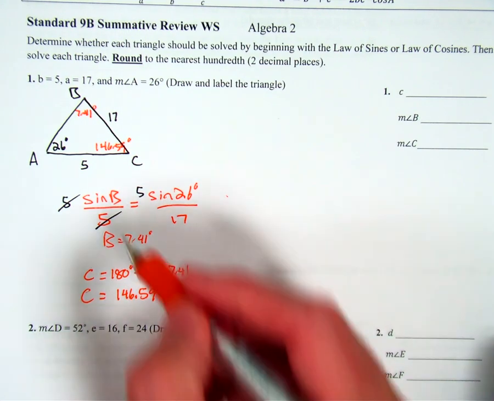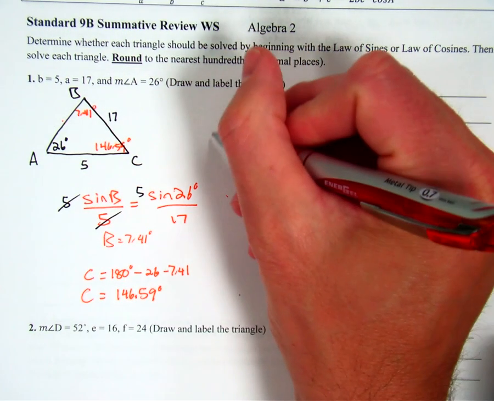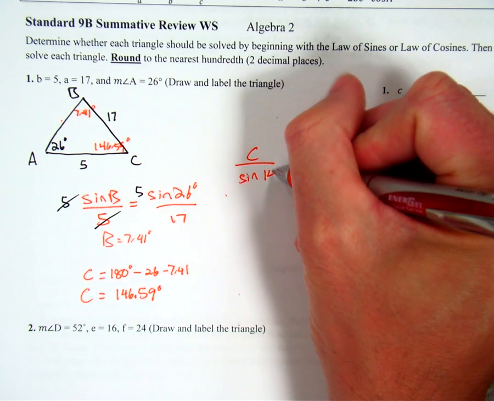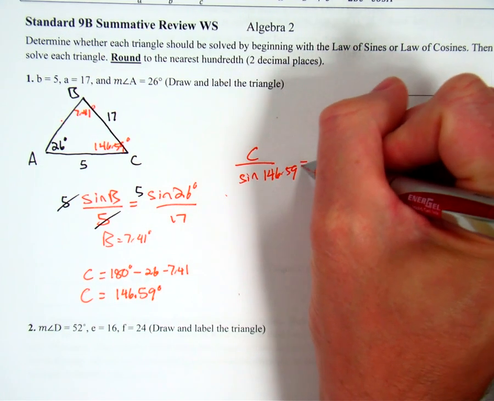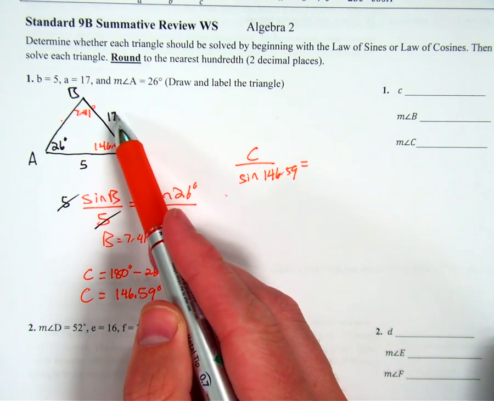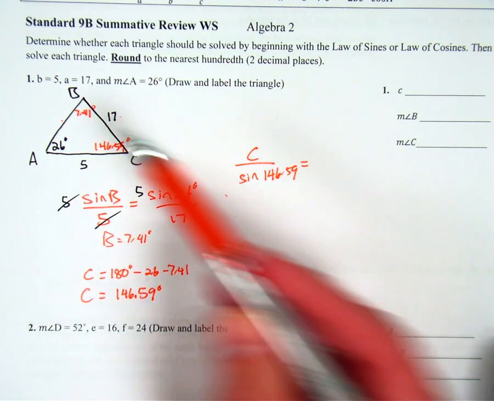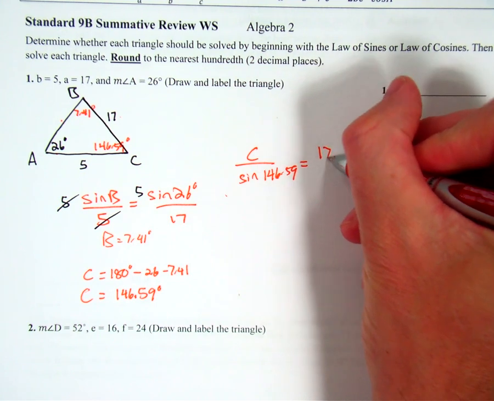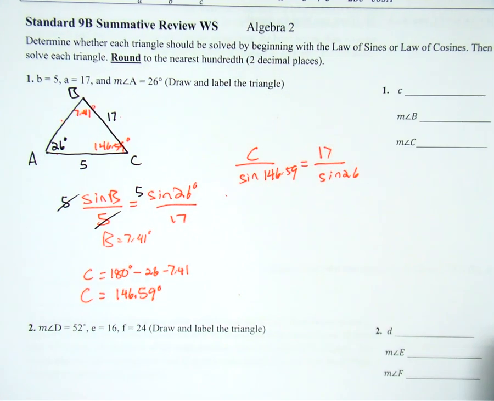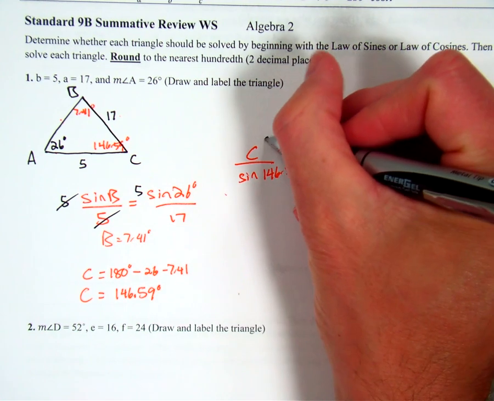And finally, then we can get side C. Side C over sine of angle C, 146.59, equals, let's go back to the very beginning matching set we had, side length over sine of your angle, 17 over sine of 26. Multiply both sides.